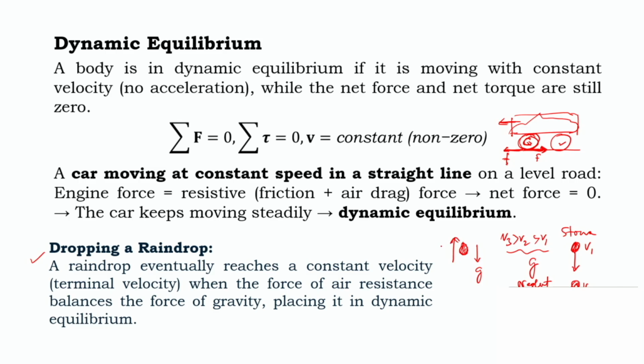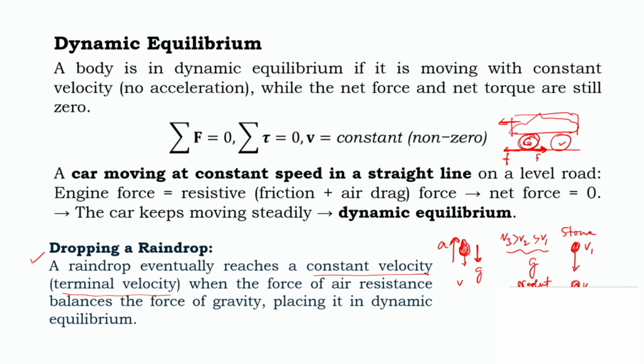But if the air resistance is there, the drop is still coming down, but after a certain travel time it will achieve a terminal velocity. That is a constant terminal velocity at which it will go down. At that time the air resistance will counter the gravitational force, and then it will come down with the constant terminal velocity.